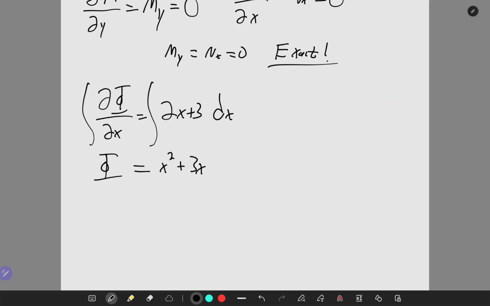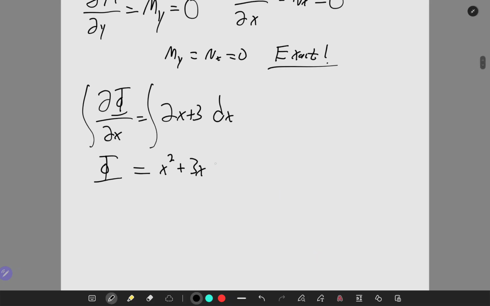This example is pretty straightforward, but the next question we're going to do is going to have both of them. And you'll see what I mean. But for now, just integrate it like you always would. So now that we have this, we're going to have plus some constant, but it's going to be with respect to y, right? Because it's a function of y, because we just integrated with respect to x and not y.